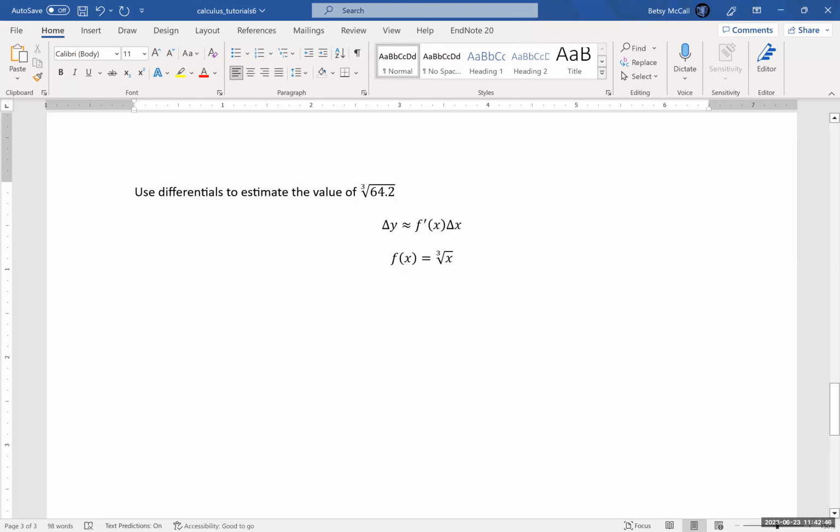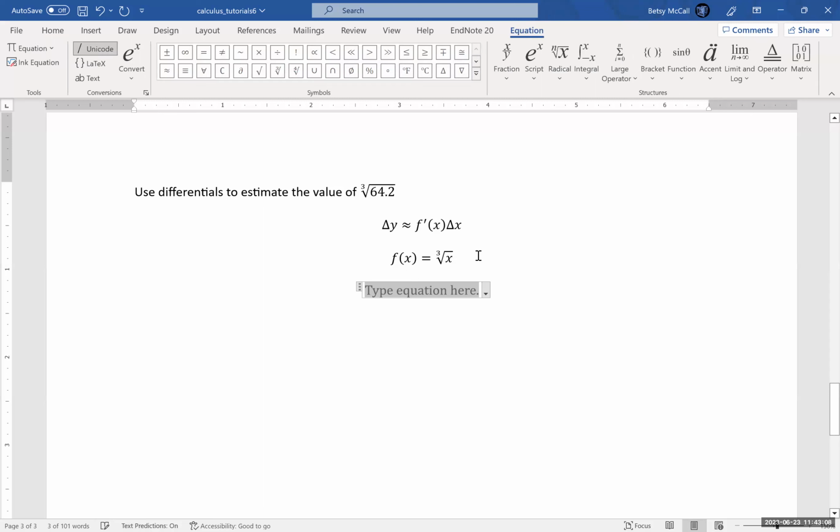If this was a square root, we would use the square root function. If this was a fourth root, we would use the fourth root as our function. But we're basically going to look at the structure of the number that we're calculating, and that's how we're going to tease out our function. Now, once we have the function itself, then we can go ahead and take the derivative.